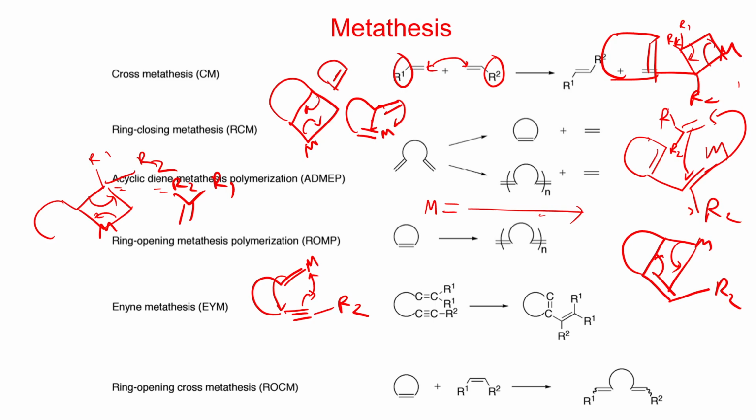Kind of way it will occur. So here you have generated that olefin unit and like this, and that carbene is regenerated. That happened. So that's how enyne metathesis can operate.